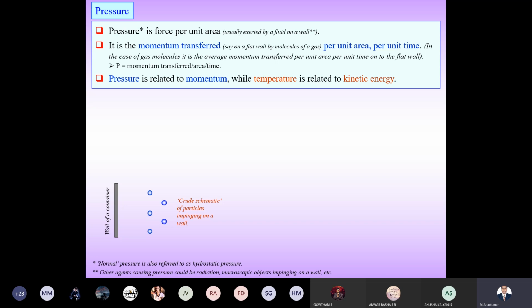These are the molecules of the system, and they will try to impinge on the walls. Each and every molecule will impinge, right? In the previous thermodynamic processes also, we can see the impinging of molecules over the walls. Because of that only, pressure can happen. Pressure is an important property of the system. The temperature is also an important property of the system, and pressure is also an important property.